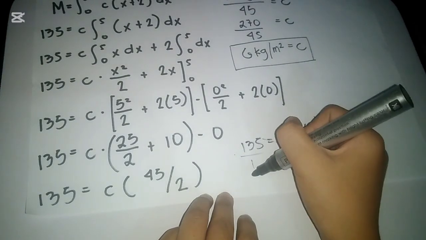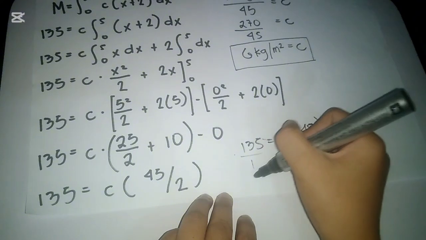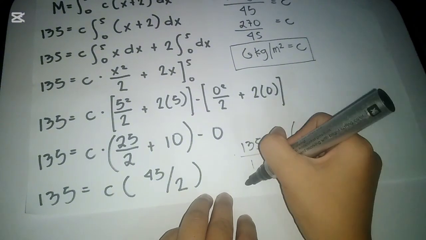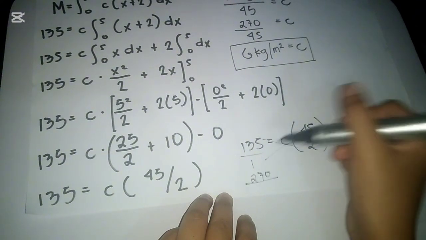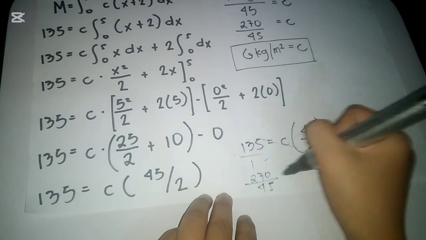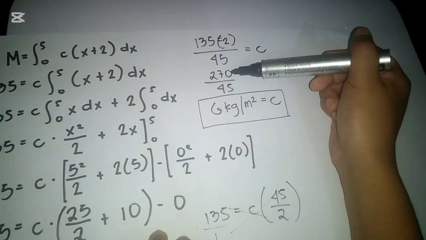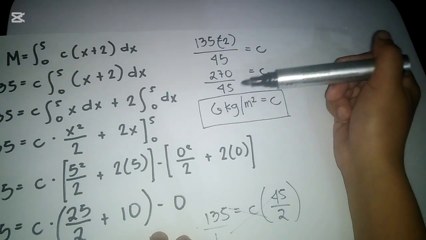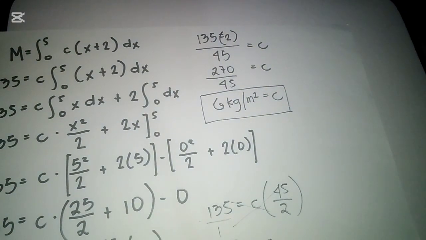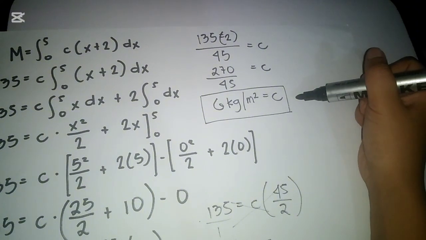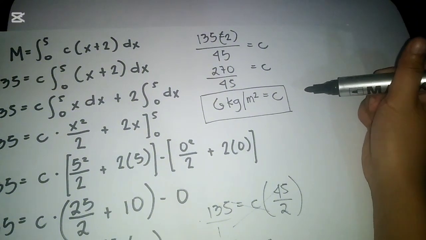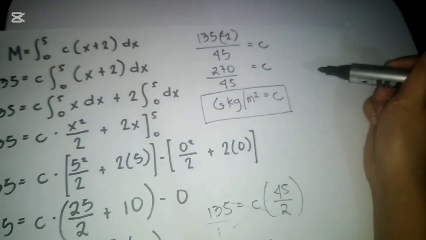So we can just imagine that there is a 1 here. So cross multiply: 135 times 2 is 270, over 1 times 45 is 45, and c. So as you can see, 270 over 45 is 6. So our linear density is 6 kilograms per meter squared.